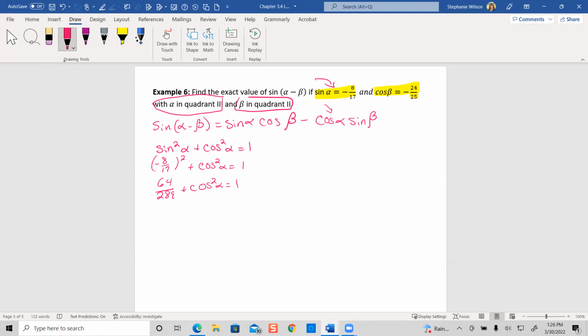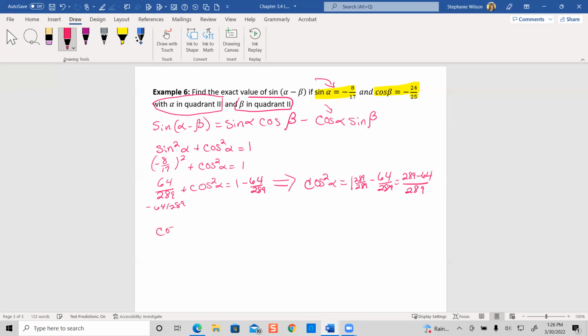So I'm going to subtract that from both sides. So now I got cosine squared of alpha is equal to 1 minus that. Well, I need to multiply by the least common denominator. So now I got 289 minus 64 all over 289.